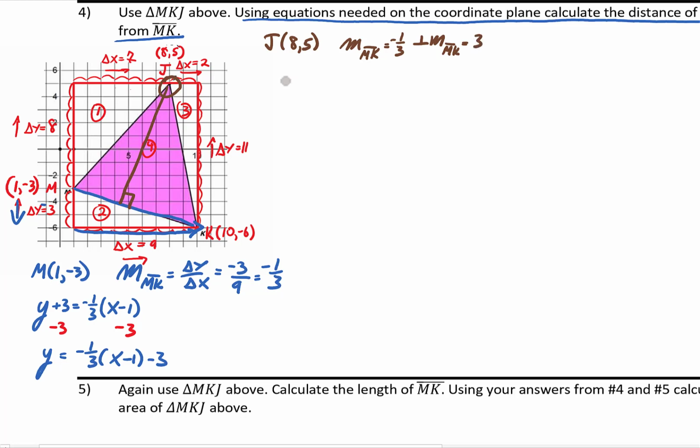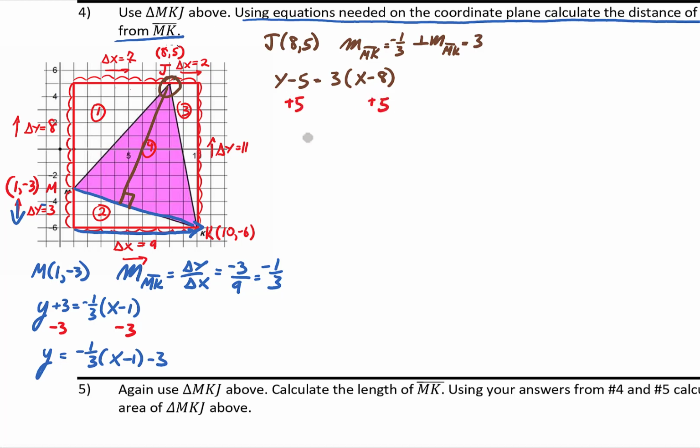So using that, I'll get Y minus 5 is equal to 3 times the difference of X and the X coordinate of J. All right, and I do know I have to set equations equal to each other, so I'm going to add 5 to both sides.